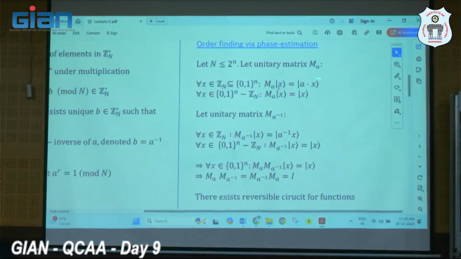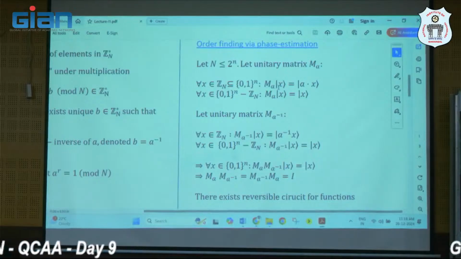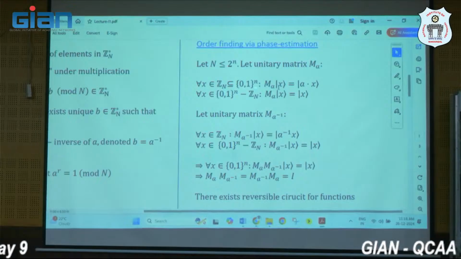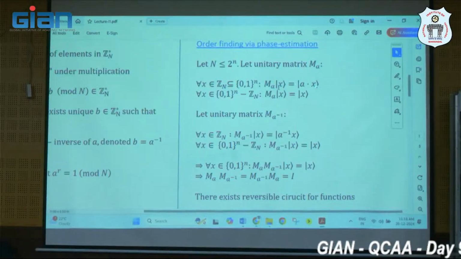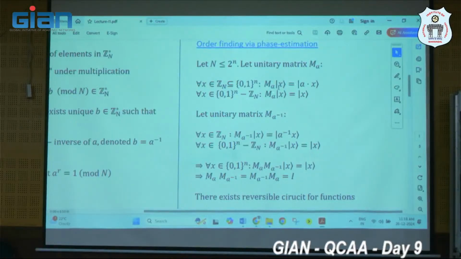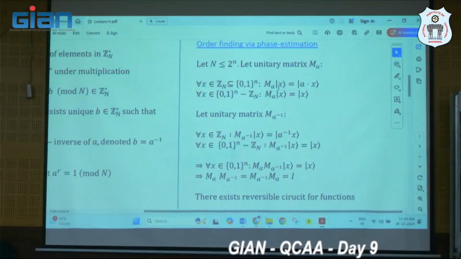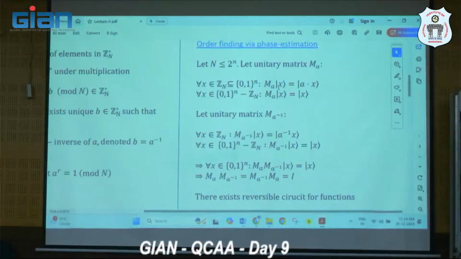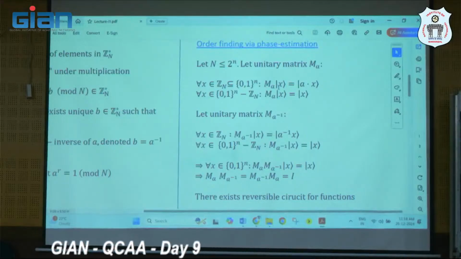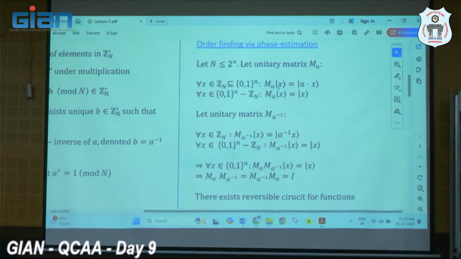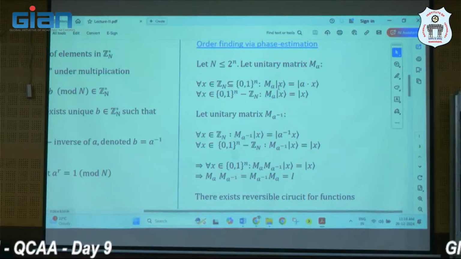Now define a unitary matrix MA. What it does is it takes any x in Zn and simply multiplies, so x goes to a times x, but this is all mod n. It is multiplication by a mod n.